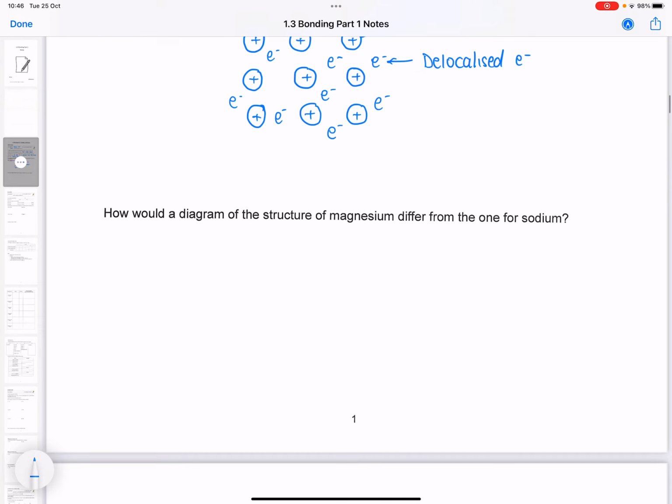Then it asks us, how would that diagram differ if we use magnesium instead of sodium? So we need to go to the periodic table and locate magnesium. We find magnesium in group 2, which means it loses 2 outer shell electrons to become a 2 plus ion. So when we draw our 9 circles, we don't really need to change the diagram for that part.